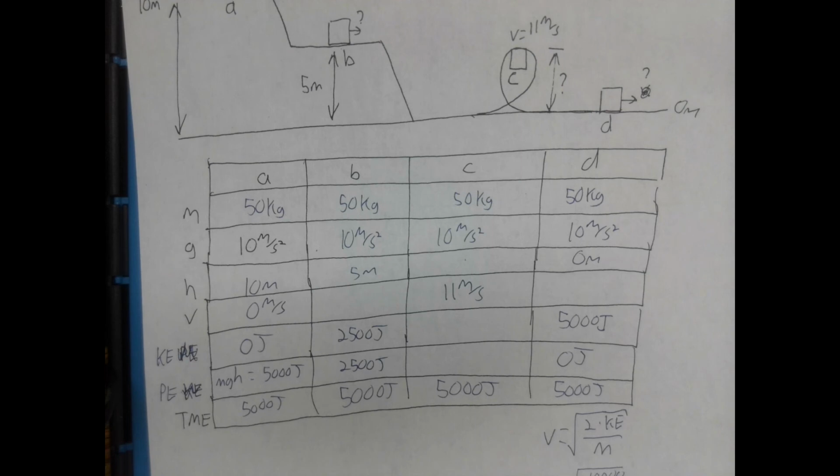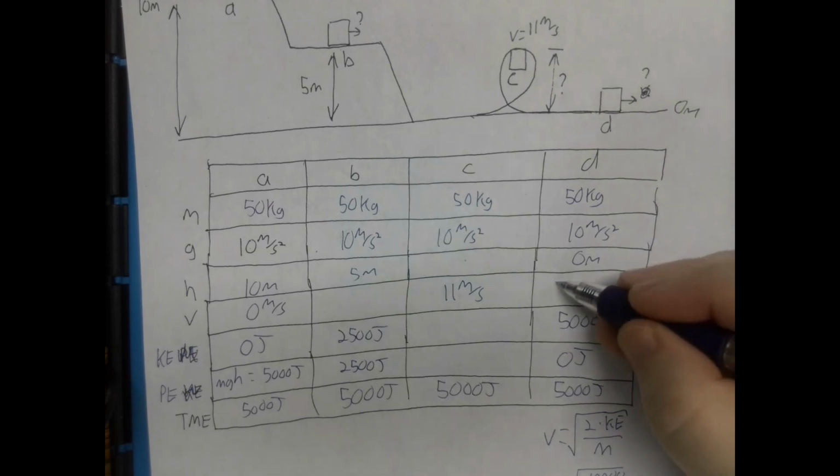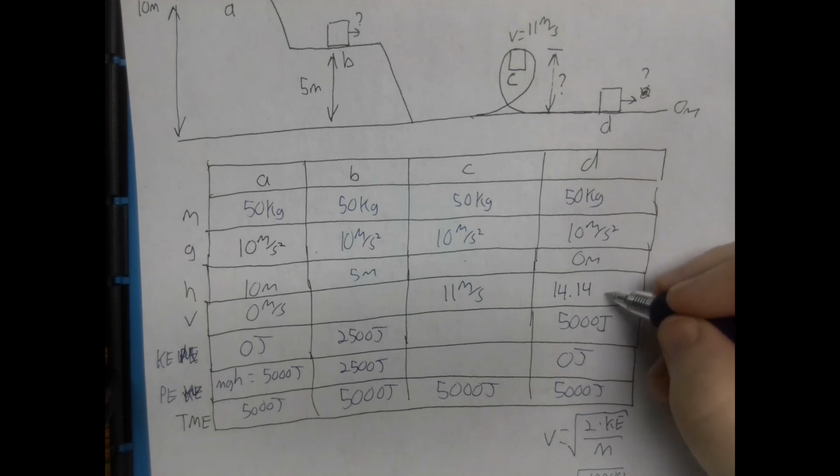That's 200. The square root of 200 is 14.1421 meters per second.